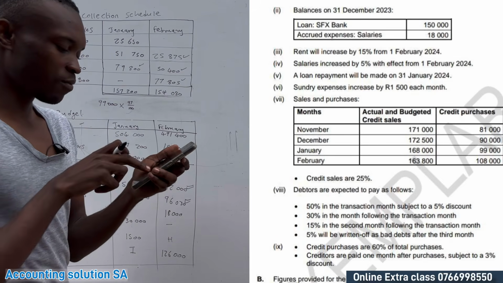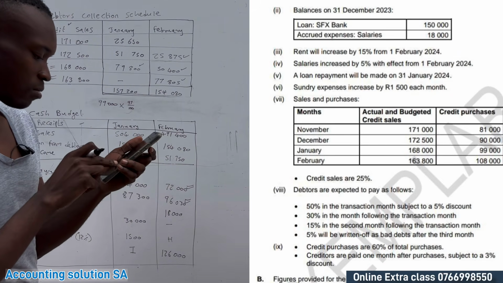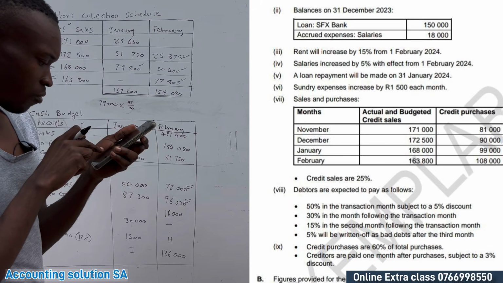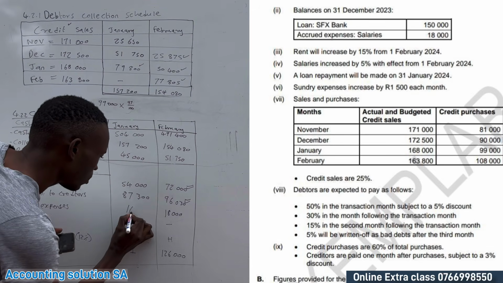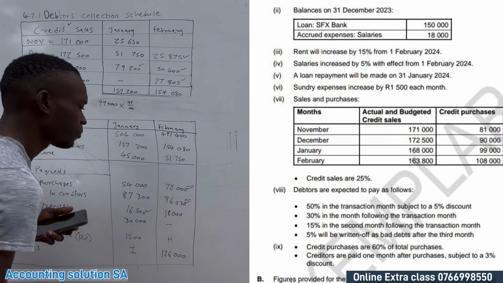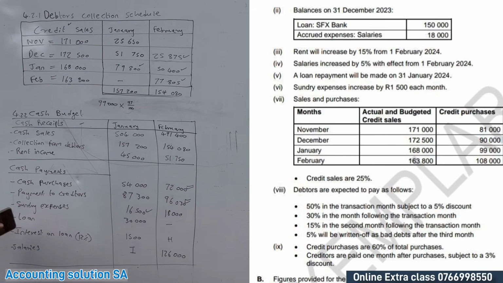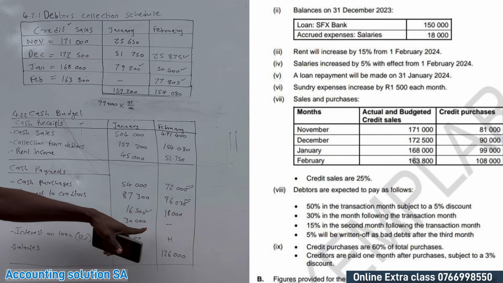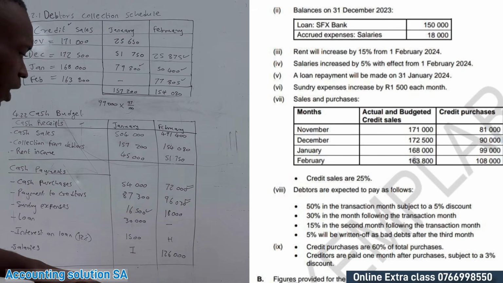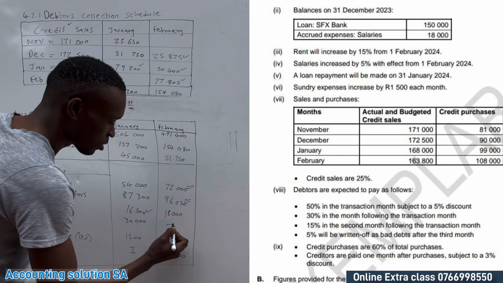We are doing a reverse because they are looking for the previous month. So if you do that, you are going to get 16,500, just like that. Then we have a loan. They make a repayment of loan of 30,000 in January. In February they didn't do any repayment and nothing was required here.